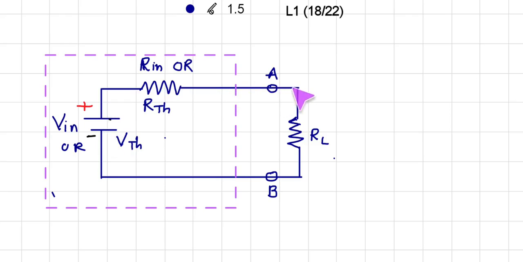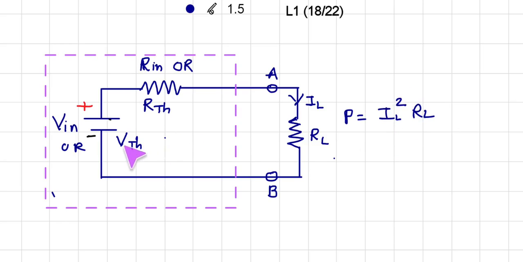So when we connect load resistance RL across the AB terminal, obviously it will deliver some power, and that power will be given by power is equal to IL square into RL. So that is the delivered power.